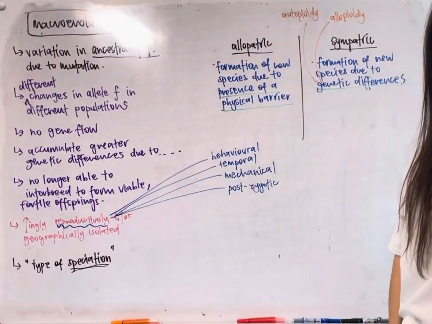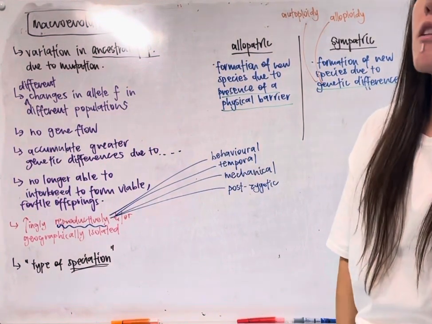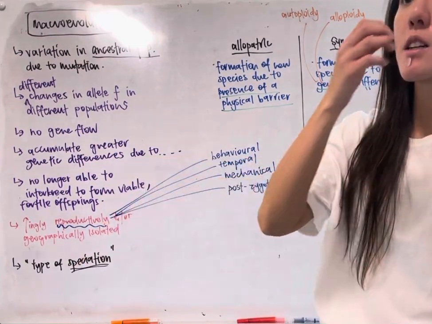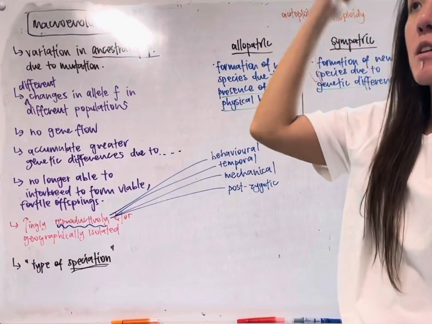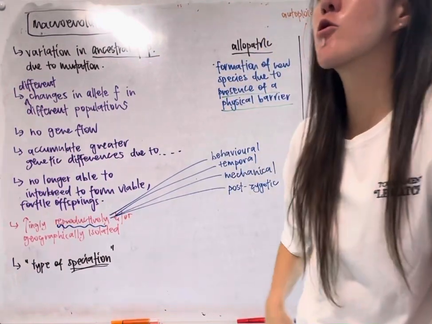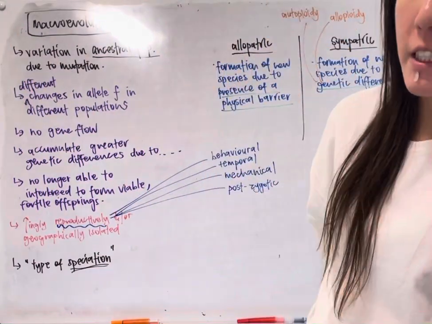Example will be the liger or the tigon, or it's more prominent in plants. That's why we have very unique plants that can be polyploids. For example, potato is a tetraploid, strawberry is a hexaploid. So they have polyploidy. Understand?